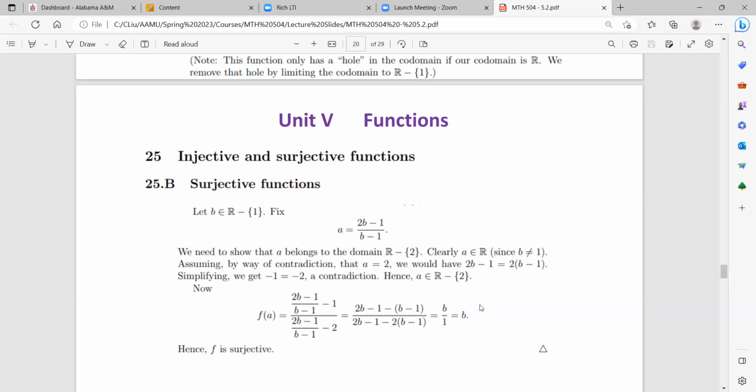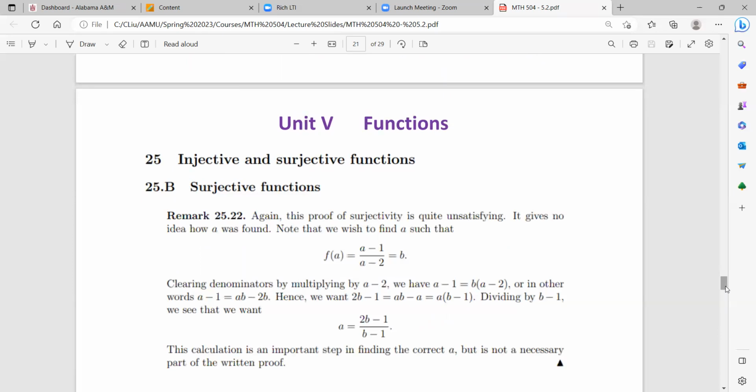So that means for any number in the codomain, you can always find a number in the domain paired with it. So that's a surjective function.